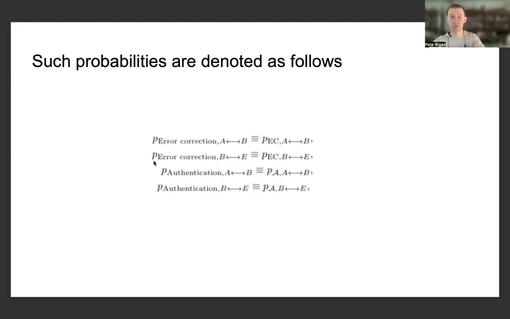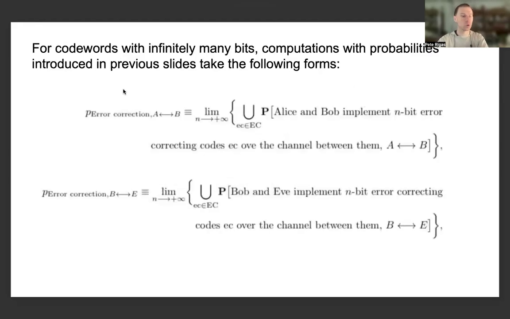And such probabilities are denoted as follows, namely, in a lot of other presentations that I've given on the channel, I've made use of this type of shorthand notation because it's really helpful for being able to compare error correction and authentication probabilities for the channels either between Alice and Bob or Bob and Eve, and how they actually relate to potential avenues or opportunities for prospective quantum advantage. And for codewords with infinitely many bits, computations with probabilities introduced in previous slides take the following form.